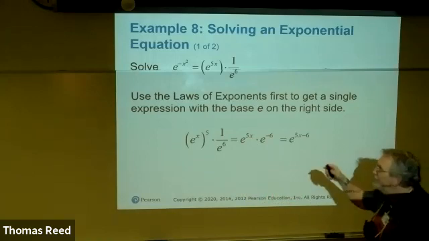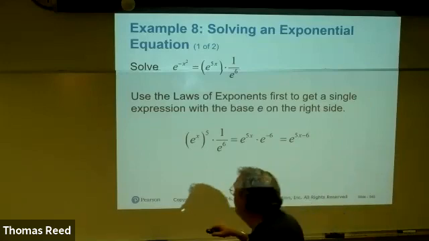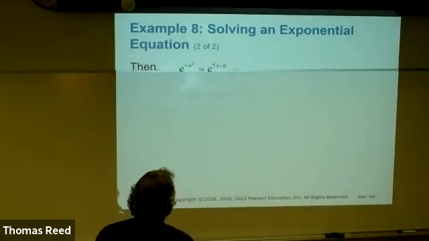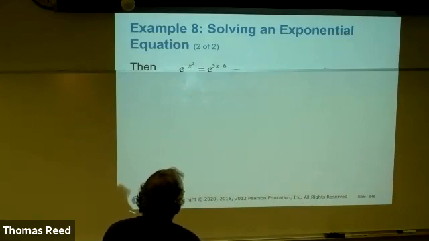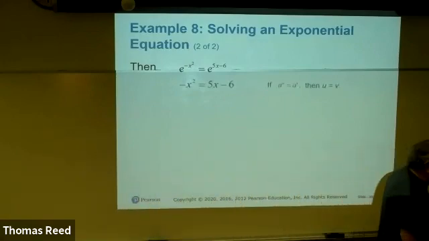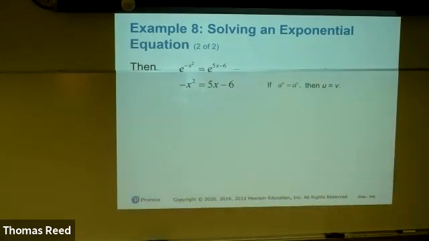Now, e to the negative x squared is going to equal e to the 5x minus 6. So that means negative x squared and 5x minus 6 are going to equal each other. Right? Because if the bases are the same, then the exponents are the same. And then we just solve for x.